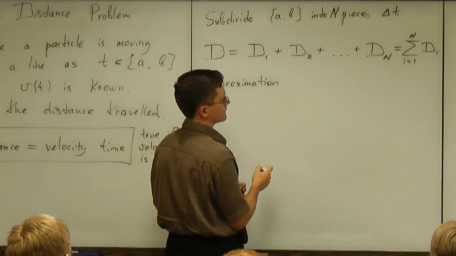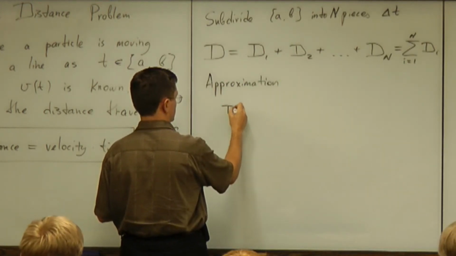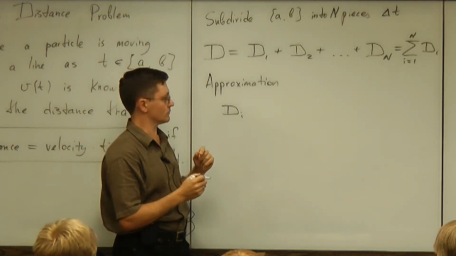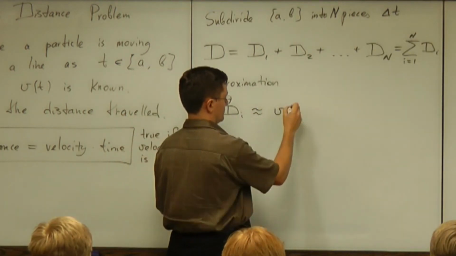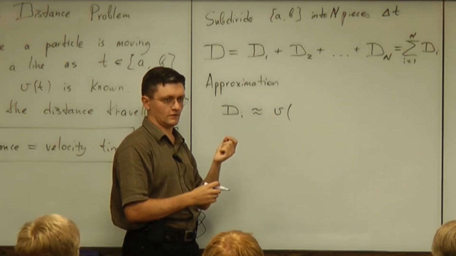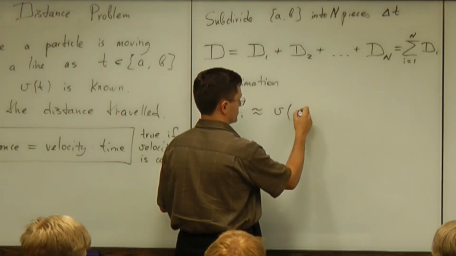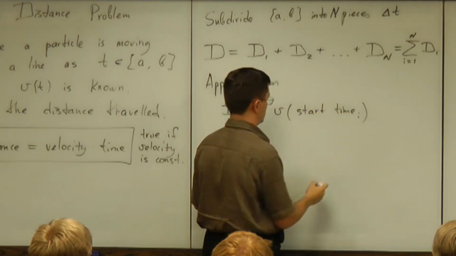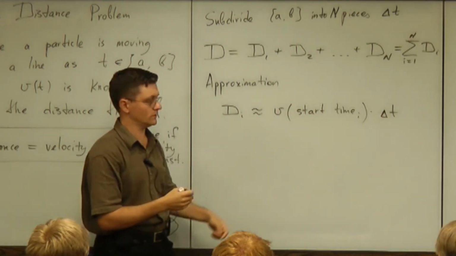And how do we do approximation? Well, we say that the distance number I, distance traveled along the short interval number I, what is it approximately? It's approximately velocity, but again, velocity changes, right, during that time. Well, which one to choose? Well, we can choose the starting velocity. Let me call it start time I, multiplied by the duration, right?